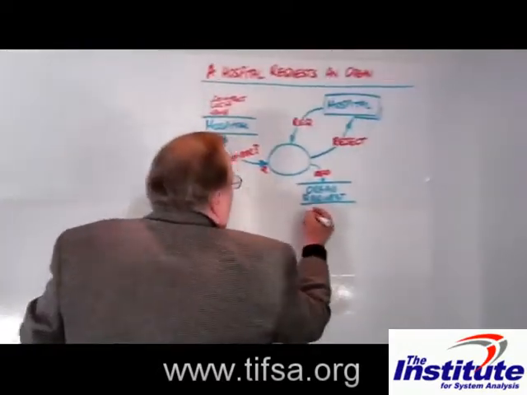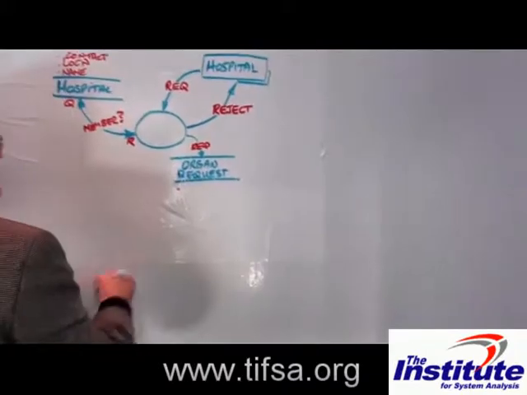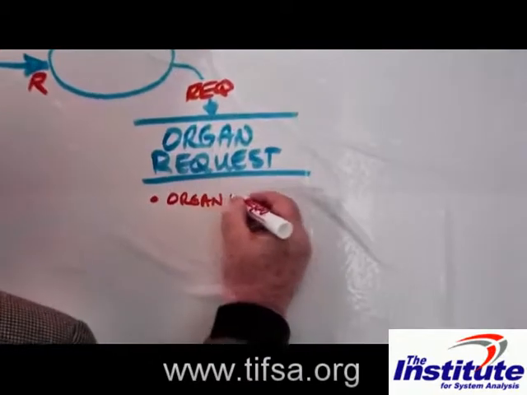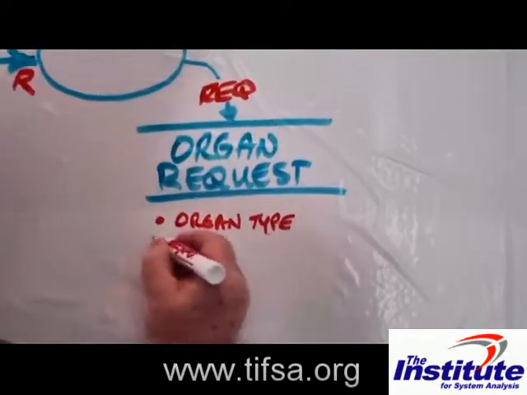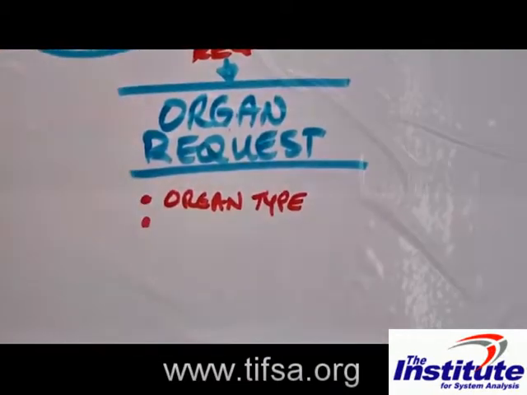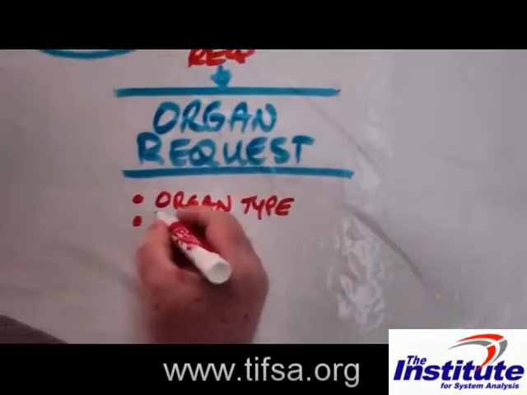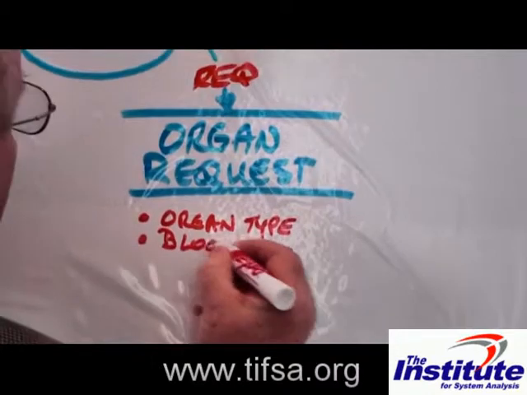Over here on the organ request, there's a number of things too. So organ type, for example, would be part of that request. What other kind of information might we have? We might have the blood type.